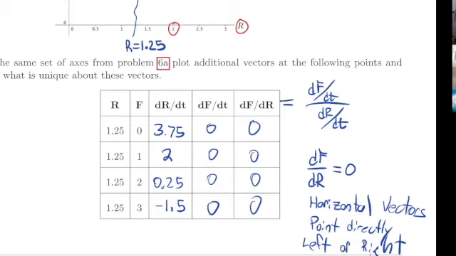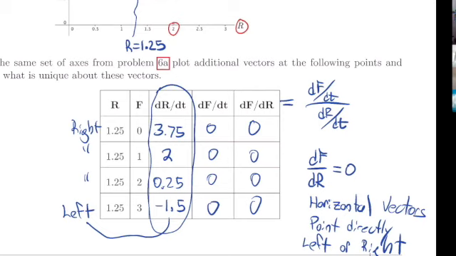And to determine whether that vector points left or to the right, we look at this column over here. And so we can see that the ones that are positive are going to point to the right, to the right, to the right. And at this one, because the dr/dt is negative, we're going to get a point to the left at that moment.